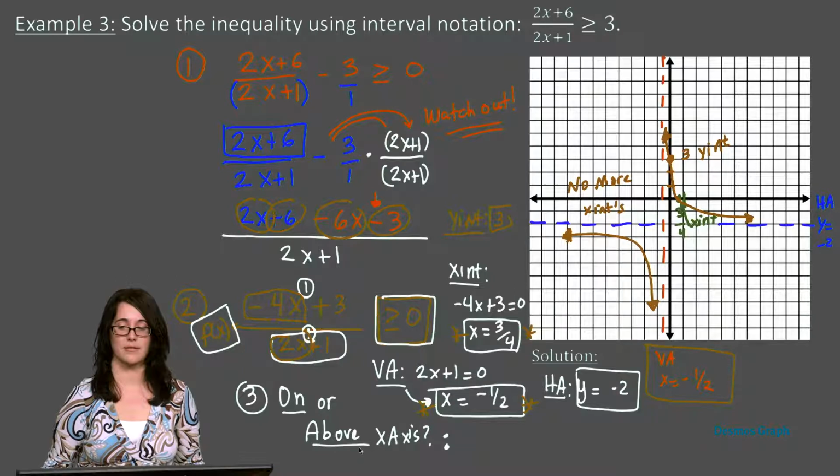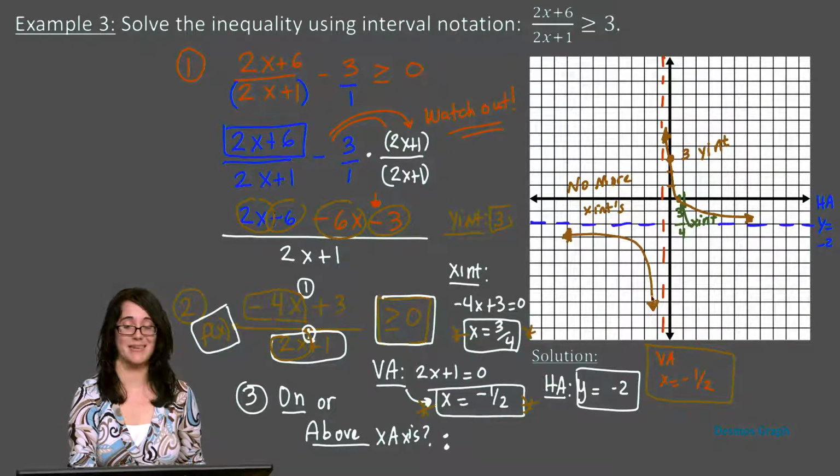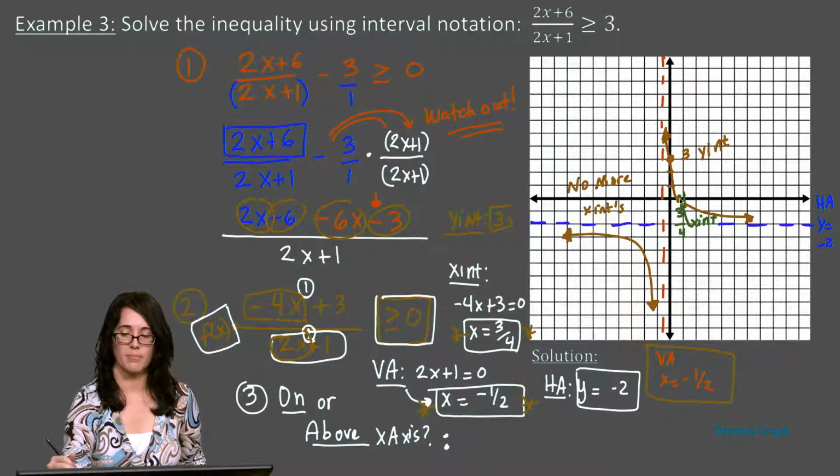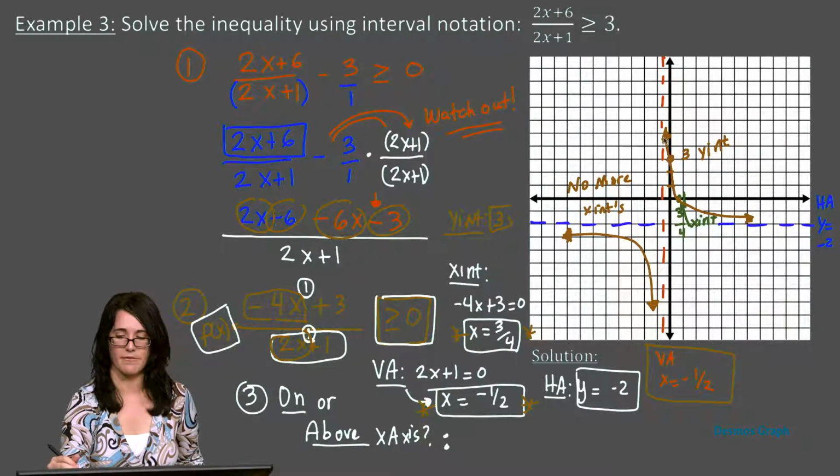See if you can find the parts of the graph which are on or above the x-axis, and write them out. Okay, I notice that the part on the left is definitely below the x-axis, so that's disqualified. But the part between the asymptote -1/2 and the x-intercept 3/4 is above the x-axis.